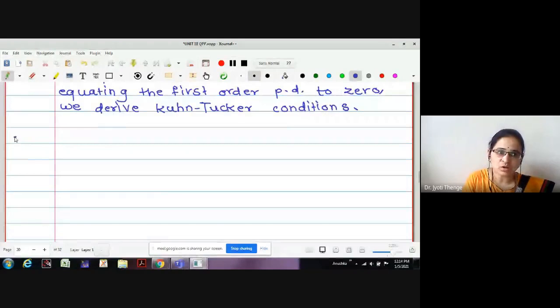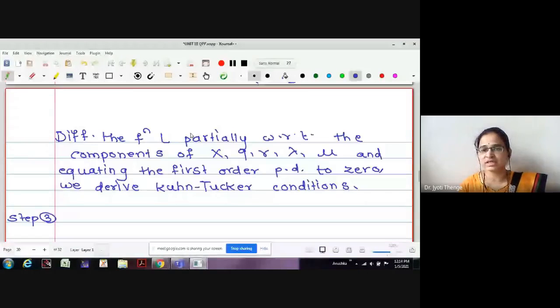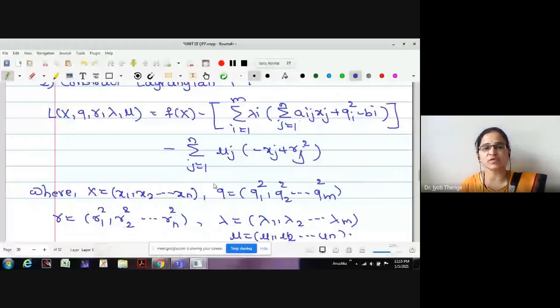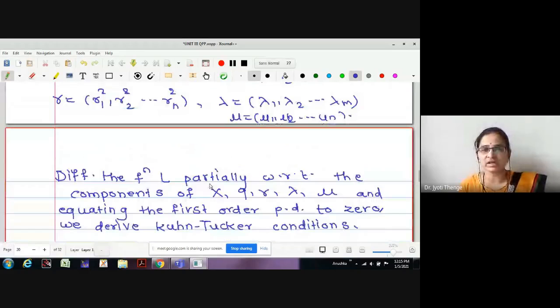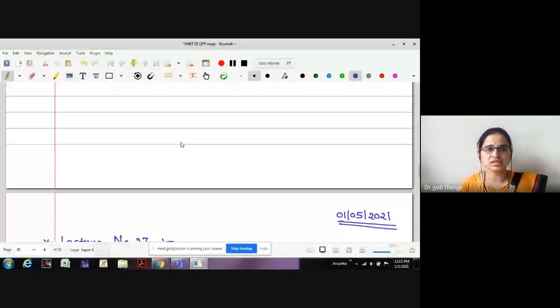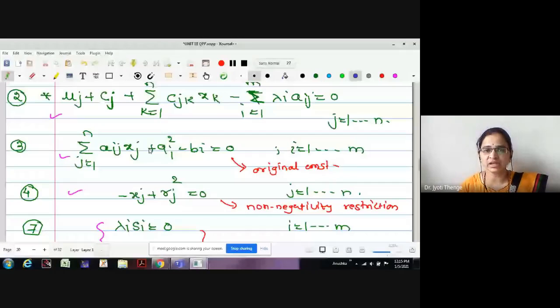Now, in step 3, Wolfe's role starts. What Wolfe has done: solving these Kuhn-Tucker conditions is nothing but solving a system of linear equations which also satisfies an additional non-linear condition. If we look at all those linear equations, given by 2, 3, and 4, in the simplex method, whenever we solve a system of linear equations, one should start with an initial basic feasible solution. For this, one should have an identity matrix in the simplex table.